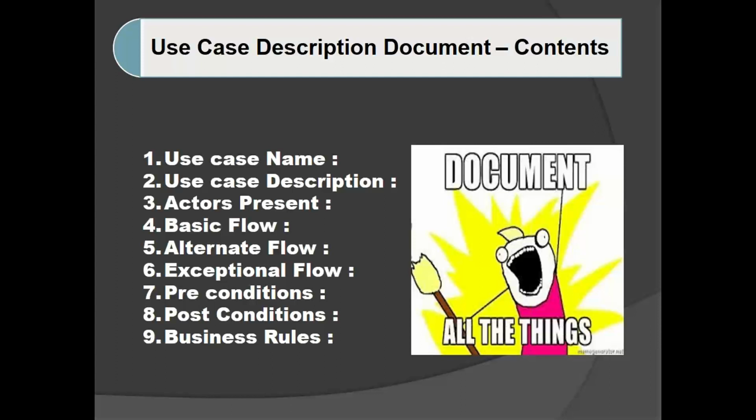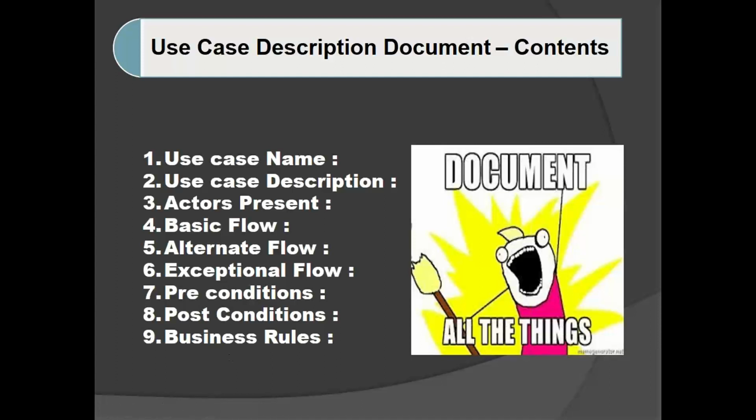Now these are the contents in a use case description document. Standard contents, like first one is use case name, second one is use case description, then third one is actors present, fourth one is basic flow, fifth one is alternate flow, sixth one is exceptional flow, seventh one is preconditions, eighth one is post conditions, and ninth one is business rules.